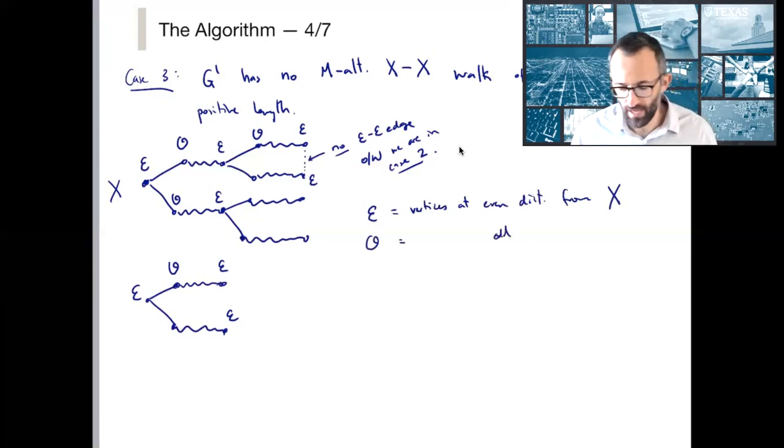And again, note that something can't be in E and in O. You can just check that. Otherwise, we'd have an augmenting path, or we'd have a cycle. So in other words, this has nothing to do with how I'm doing my search and putting in these edges for my walk.